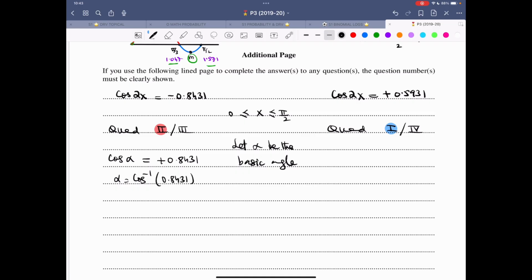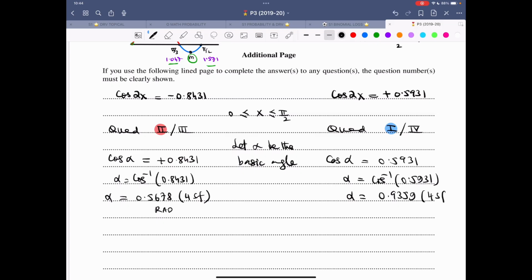That comes out to be 0.5678. Naturally, we know that we have to work in 4 significant figures and the unit is radians. Over here, cosine alpha is 0.5931. Therefore, alpha is cosine inverse of 0.5931, which comes out to be 0.9359.